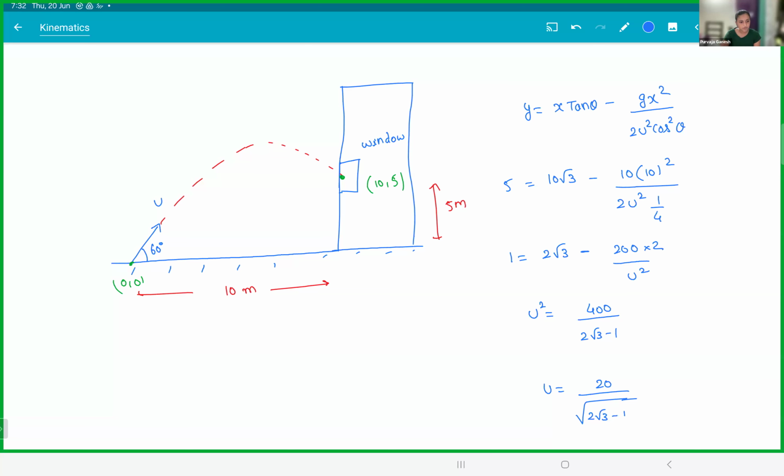Sy is uyt plus half ayt square: minus h is u sin theta t2 minus half g t2 square. You got a quadratic.